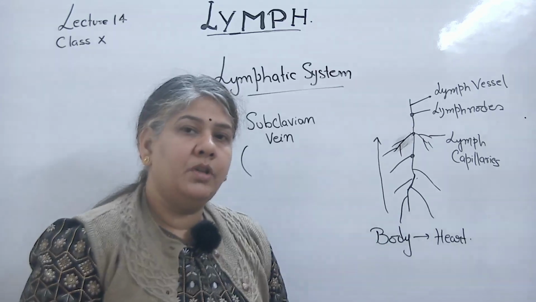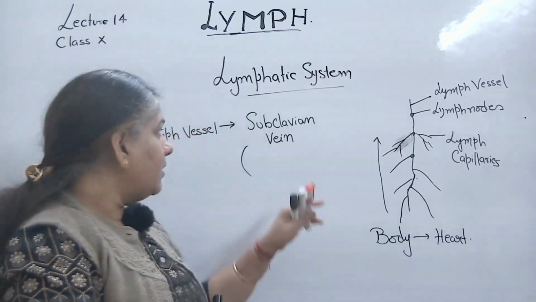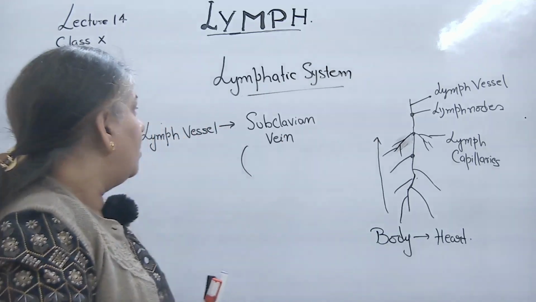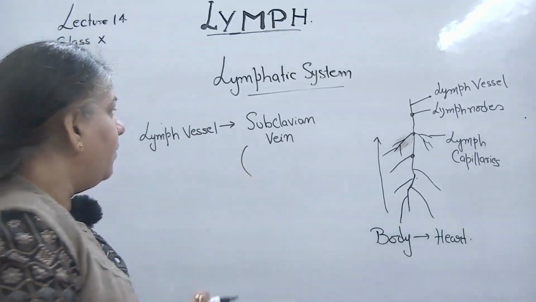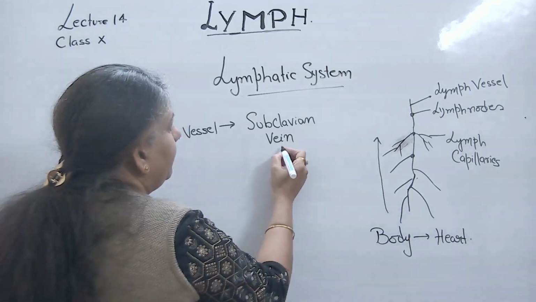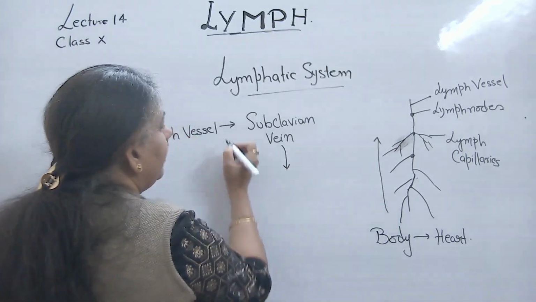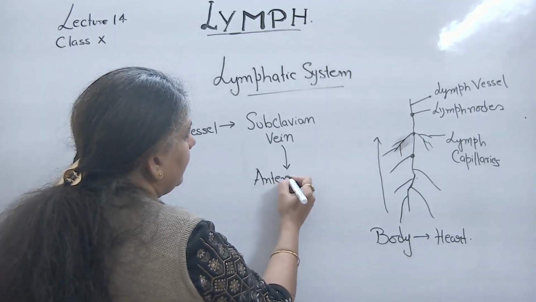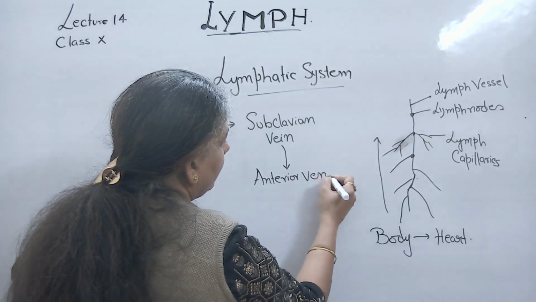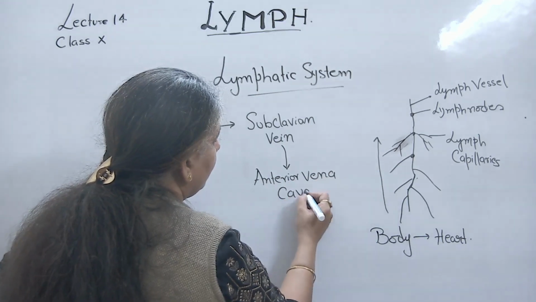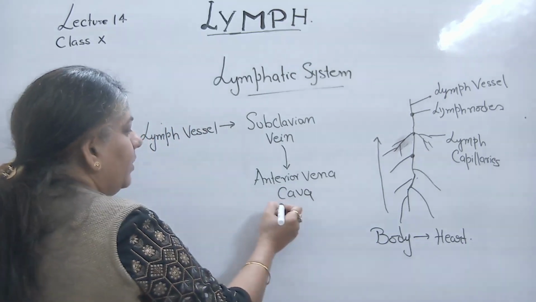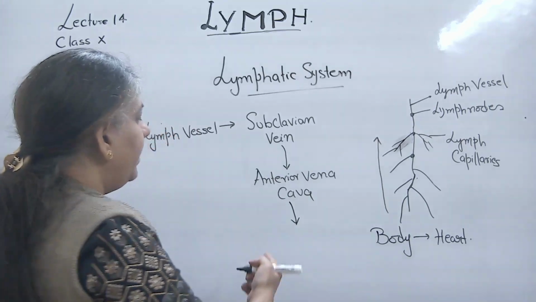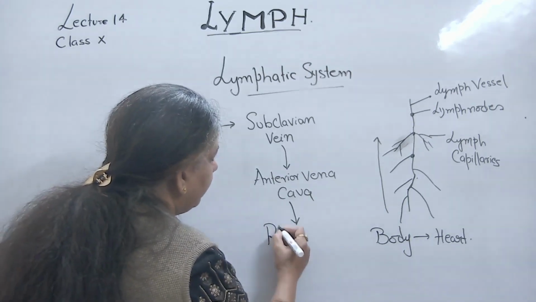This collarbone is called clavicle bone. So this vein is present just below the collarbone. So lymph is poured into the subclavian vein, and subclavian vein will pour this fluid into anterior vena cava. And you already know that anterior vena cava will pour the fluid into the right atrium.